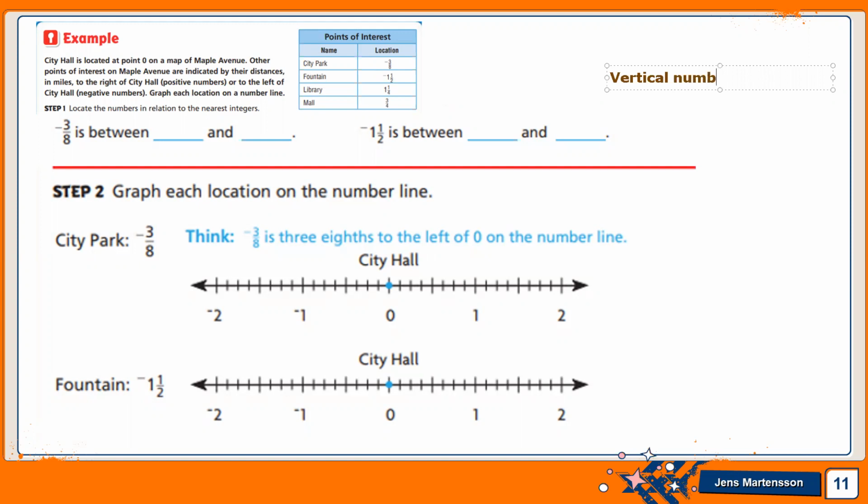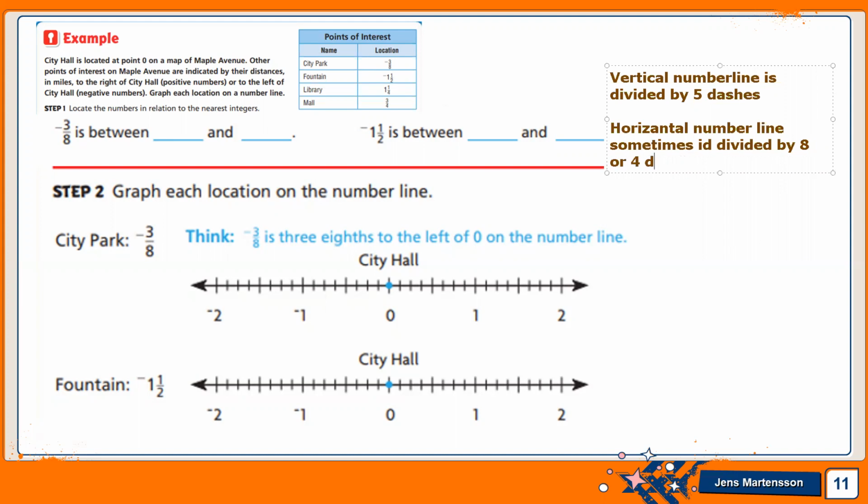So the vertical number line is divided by 5 dashes. But the horizontal number line is sometimes divided by 8 or 4 dashes. So sometimes 4 and sometimes 8.